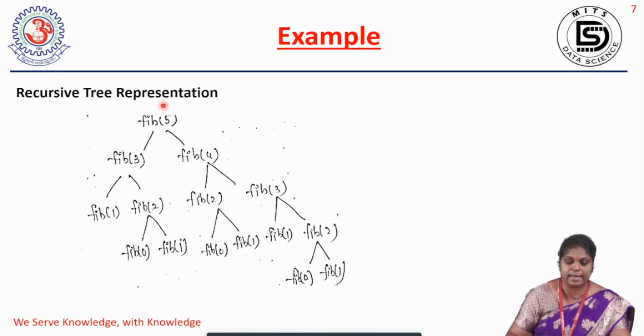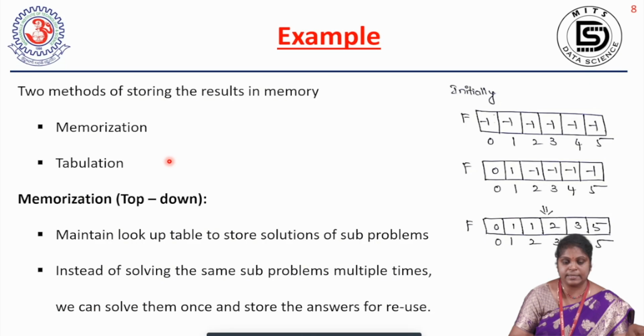That means we start from Fibonacci of 5 and go to the bottom until Fibonacci 1, and calculate the Fibonacci 1 value. This approach is called the top down approach. The technique used here is memoization. One lookup table is used for this. Initially, all the values are initialized with -1. When a subproblem is solved, that value is stored here.